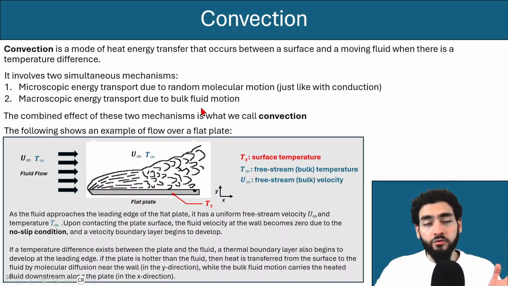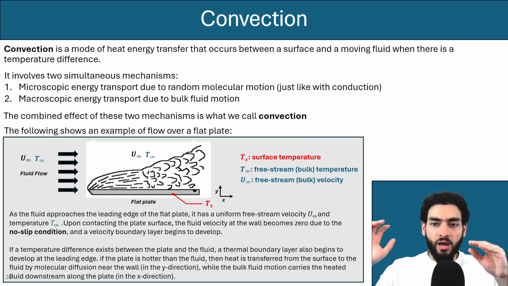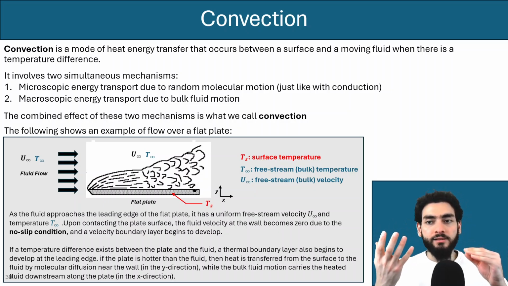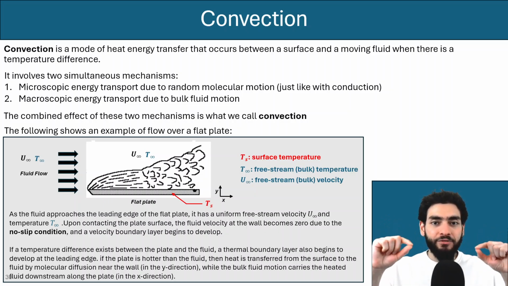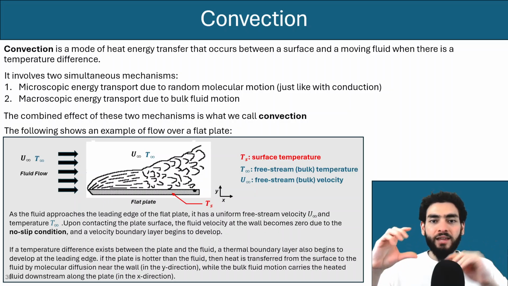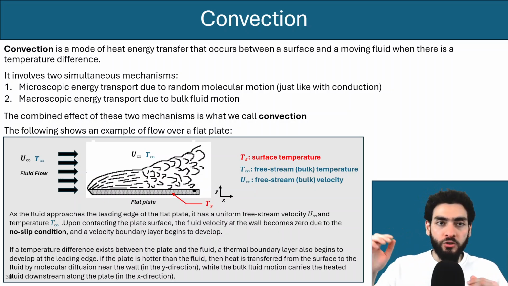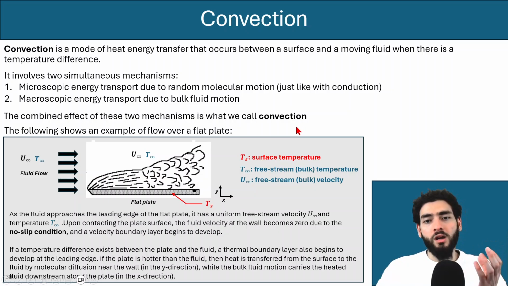So you have these two phenomena occurring at the same time. One closer to the surface, where random molecular motion dominates the energy transport, so there is an element of conduction in convection in and of itself. And just above that, you have a region of bulk fluid motion, whereby you have energy transport due to that bulk motion. Again, the combined effect of these two mechanisms is what we call convection.